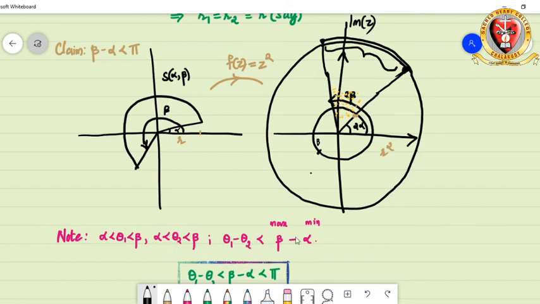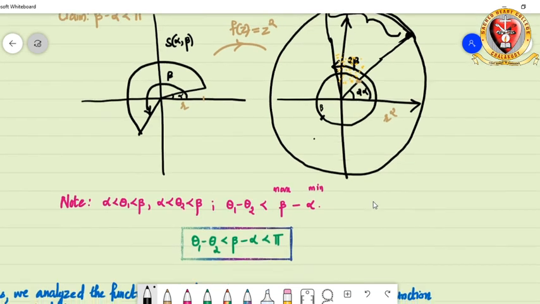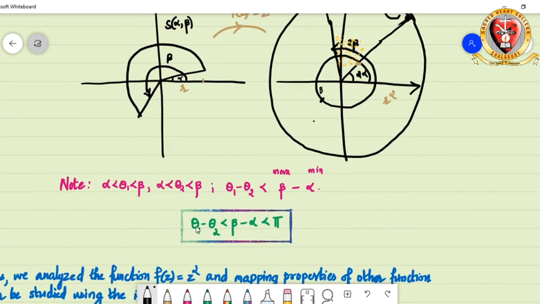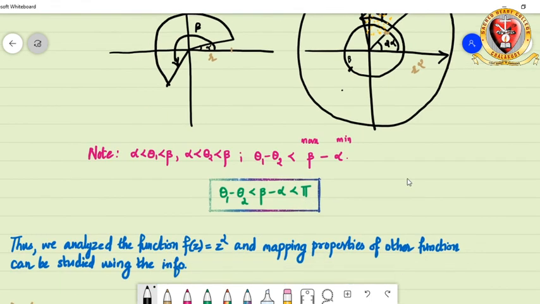So the maximum value of this difference will be beta minus alpha. From this we conclude that theta 1 minus theta 2 is strictly less than beta minus alpha, and for our function to be 1-1, the difference should be strictly less than pi.